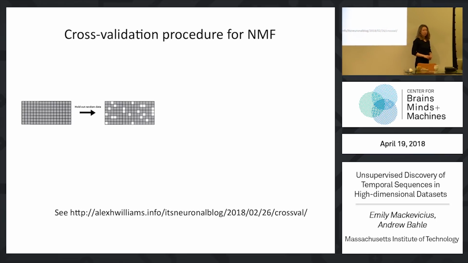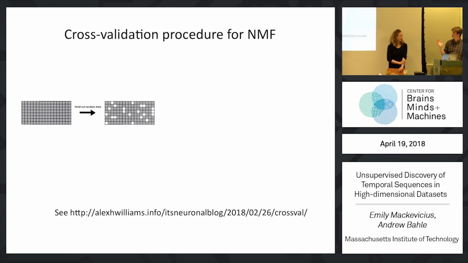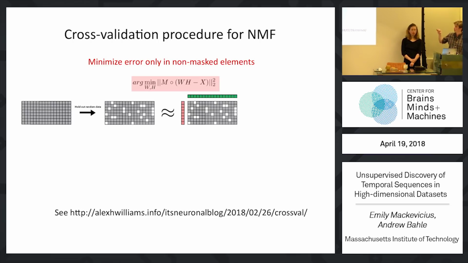You can imagine that if you don't fit the second half of the data, you have no time course, you have no H, and you need an H in order to assess your fit. So now you're stuck with the option to either fit your held-out data set or to come up with something clever that will work also. Here you're going to hold out these random speckle elements, and now you're going to perform your minimization, but during the minimization you continue to mask those elements, so you're not going to minimize the reconstruction error on any of those white elements, only on the gray ones.